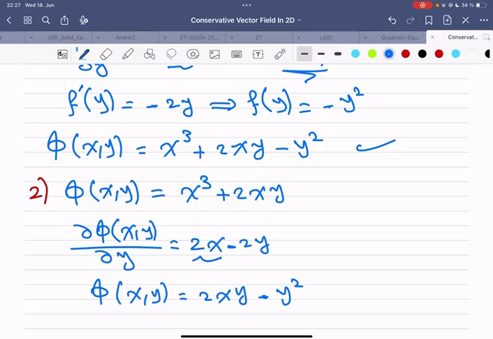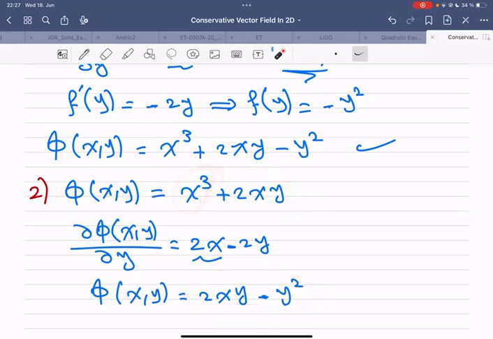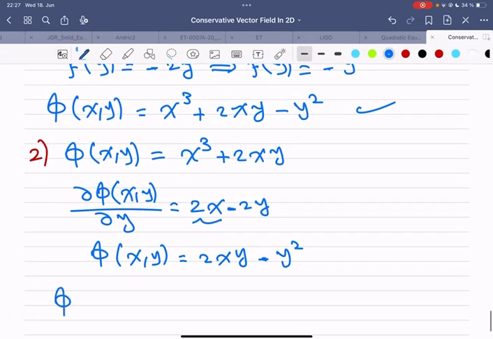Then we will take the union from here and from here. It will be x to the power 3 plus 2xy, minus y squared. So phi xy will equal x to the power 3 plus 2xy minus y squared.